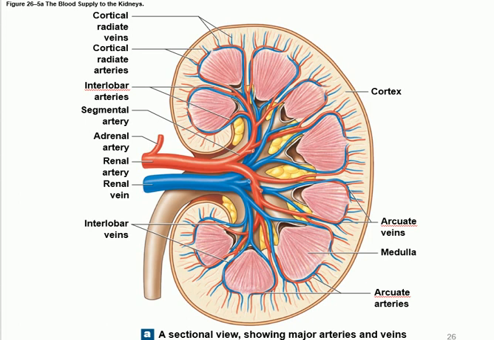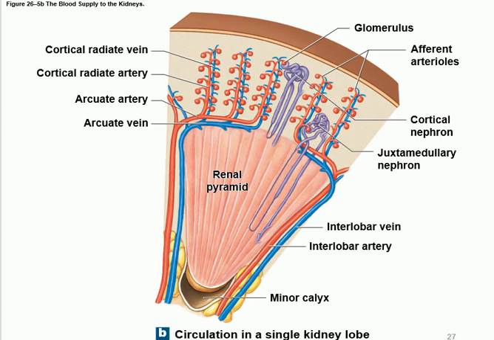And now look at this, cortical radiate again, and then arcuate, interlobar vein, segmental vein, renal vein. What's after the renal vein? Inferior vena cava. Yes.